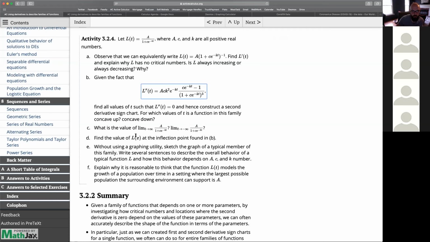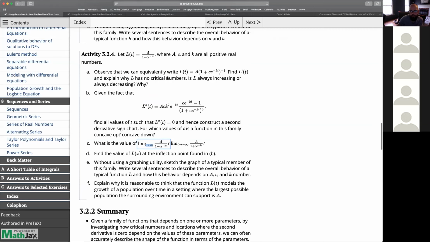And so the last thing that we want to do is look at the limits, right? What happens as time goes to infinity or time goes to negative infinity for these things?